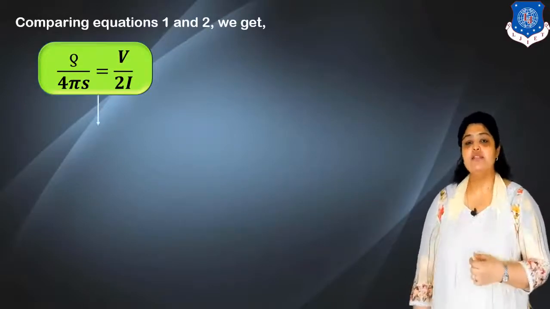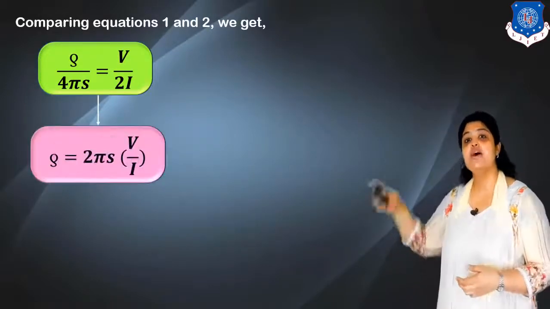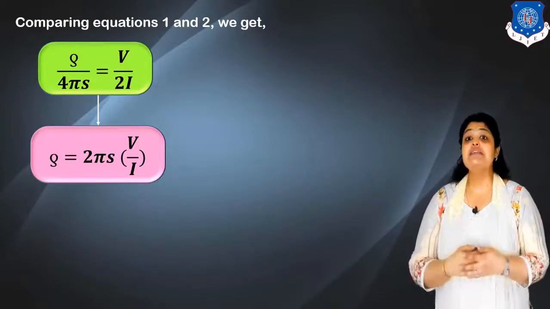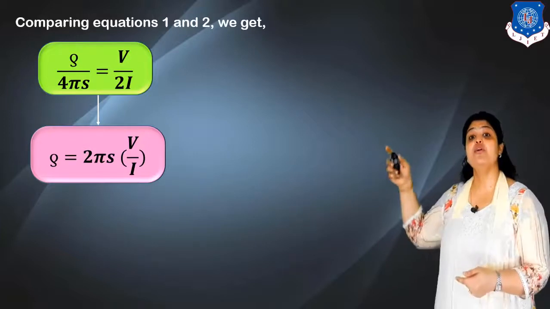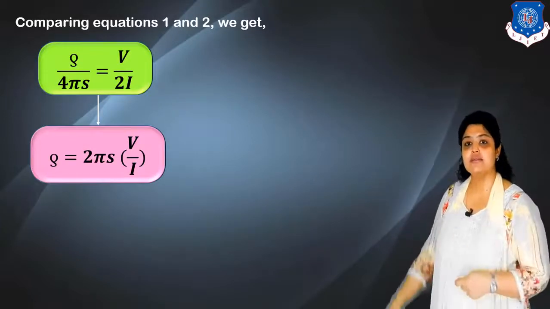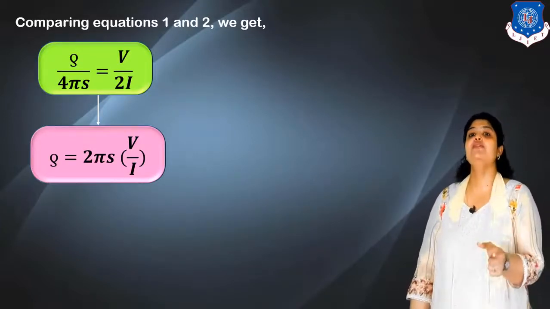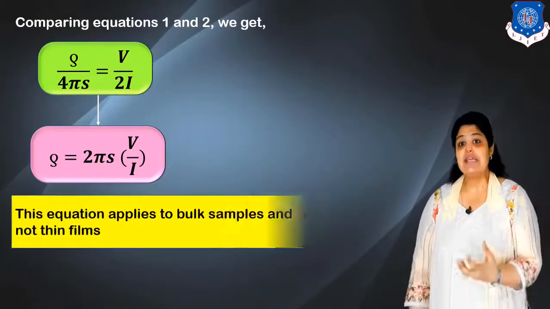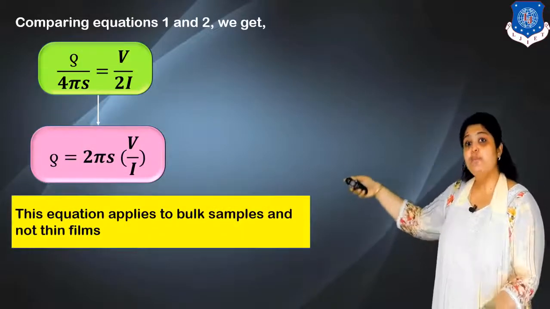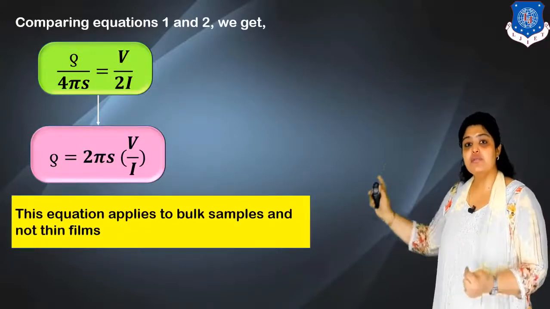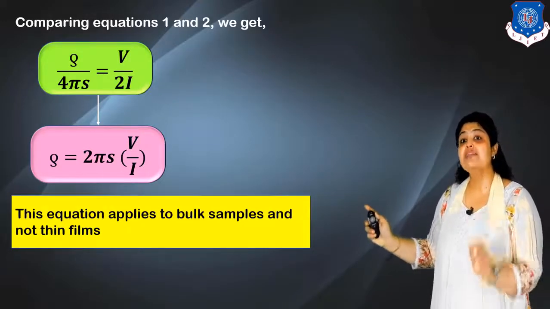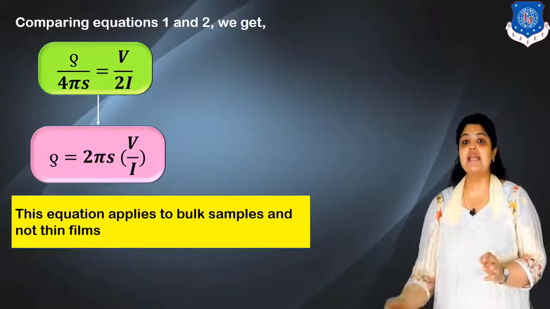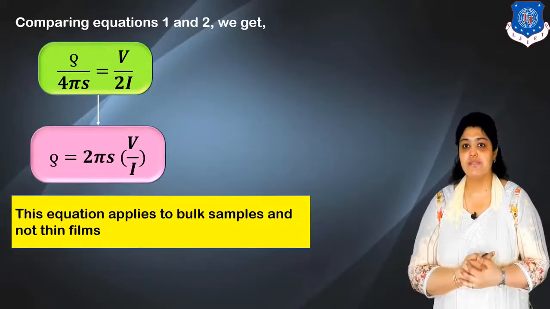Cancelling the common terms, we get the final equation as rho is equal to 2 pi s into V upon I. You can say this resistivity depends upon the probe spacing s. It also depends upon the voltage measured because I is a constant term. So this equation, 2 pi s into V by I is equal to rho, is applicable to bulk samples only, not to thin films, because thin films is the second case which we are going to discuss.